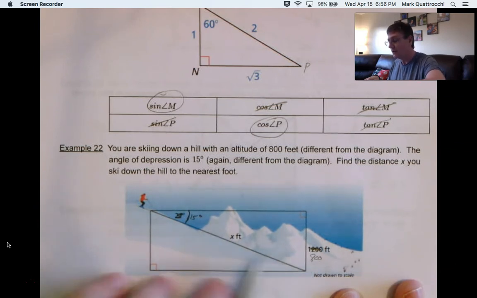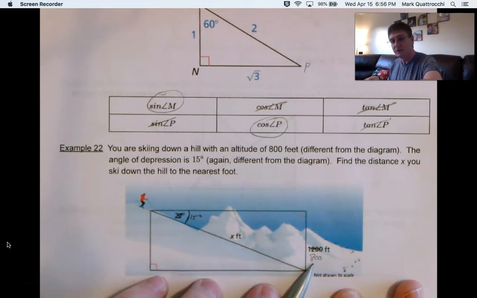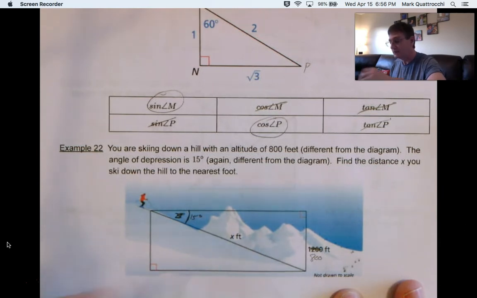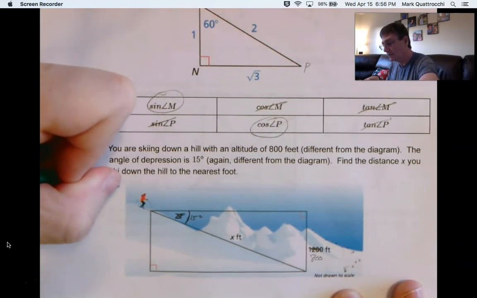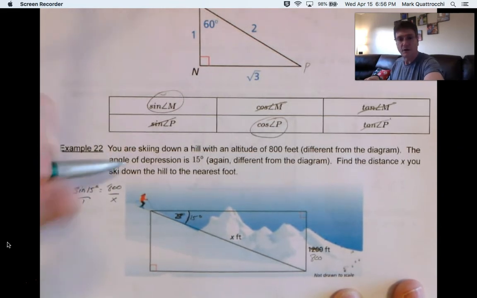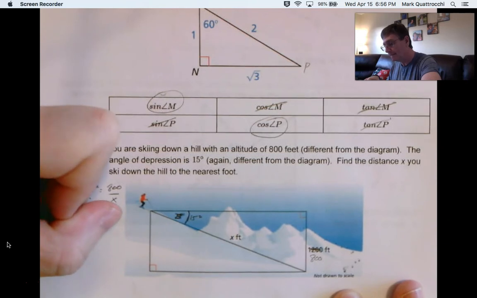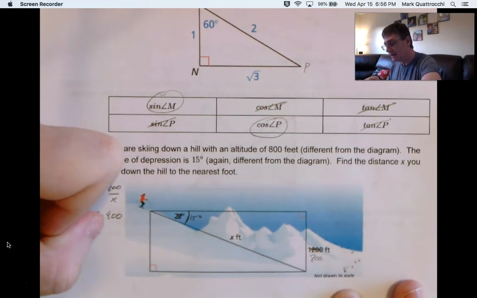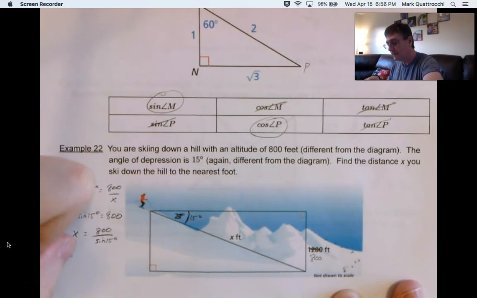We know the 800, we're looking for the x, we are here at the 15 degrees. 800 is opposite, x is hypotenuse, sine 15 degrees equals 800 over x. There's our equation. Cross multiply, x sine 15 degrees equals 800. X equals 800 over the sine of 15 degrees.